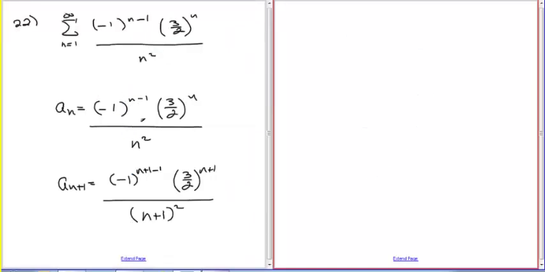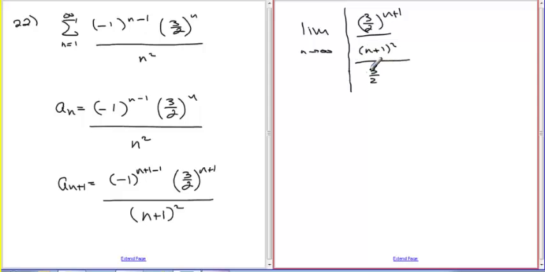Now, the negative parts you can just ignore, because what we do is we take the absolute value of the ratio. So all the ones that involve this alternating plus and minus 1, you don't have to worry about it. We'll still put the absolute value here, but we can drop the 1 parts. Okay, so we have a sub n plus 1 divided by a sub n, like that.